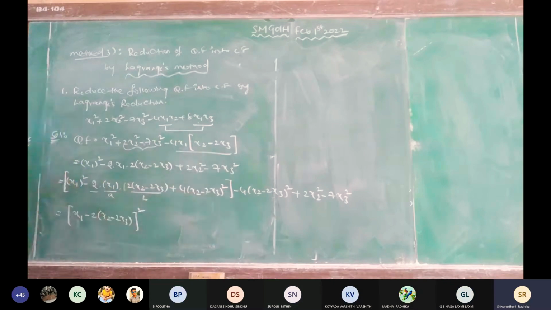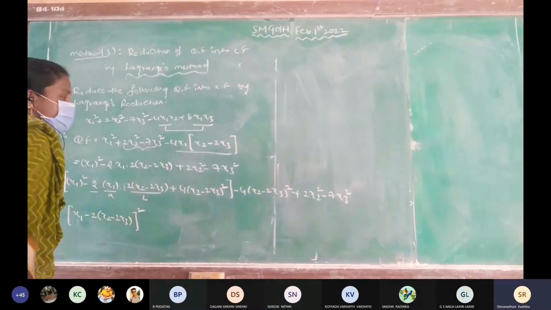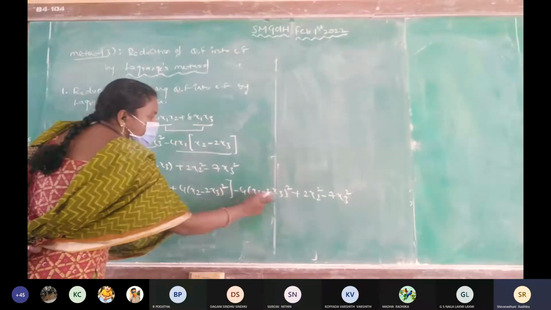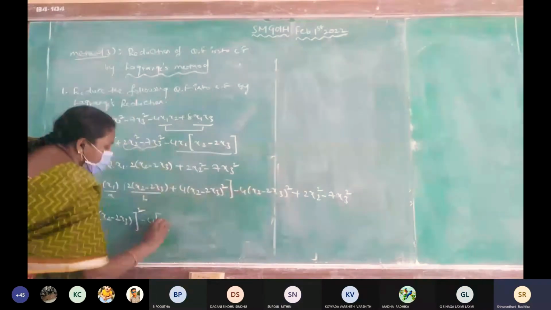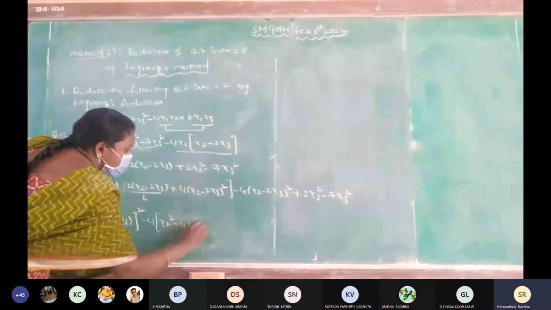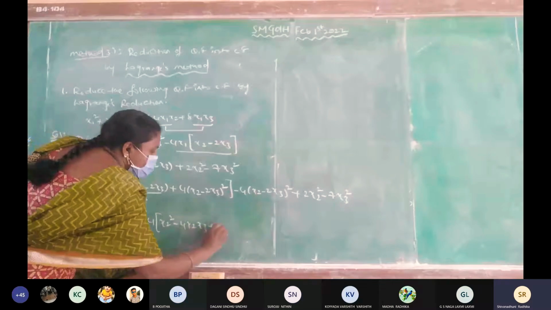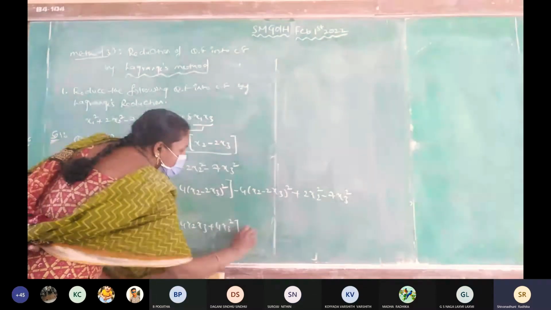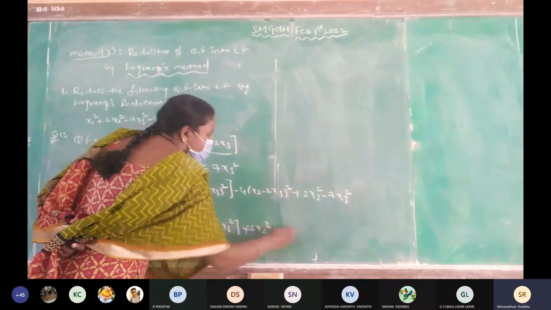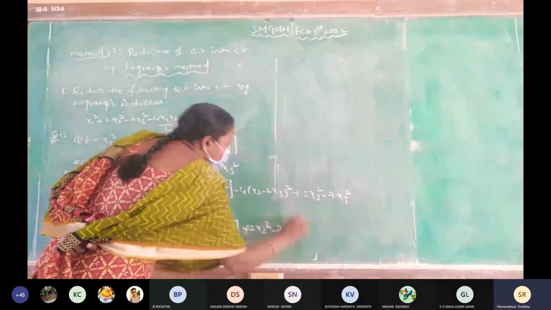Is it clear? Completed. What about the remaining term here? Minus 4 into a minus b whole square. Again use the formula: x2 square minus 4x2x3 plus 4x3 square, plus 2x2 square. The remaining term I am going to write here, minus 7x3 square.